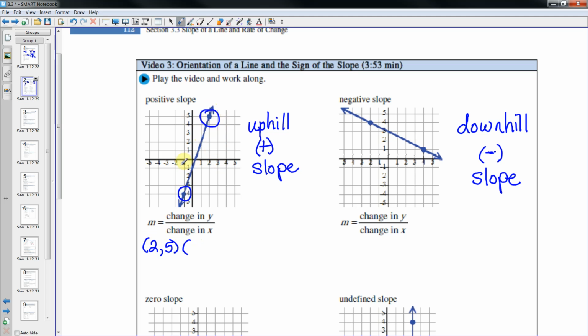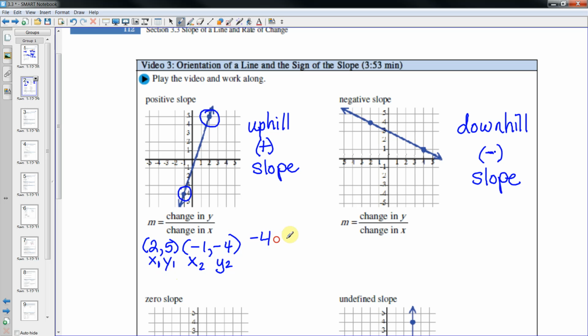And the second one looks like it's -1, -4. Now I could have taken that in the other order. I could have listed -1, -4 first, 2, 5 next, and then worked it out. You're going to get the same answer either way, but once you write down your points, let's label them. x1, y1, x2, y2.